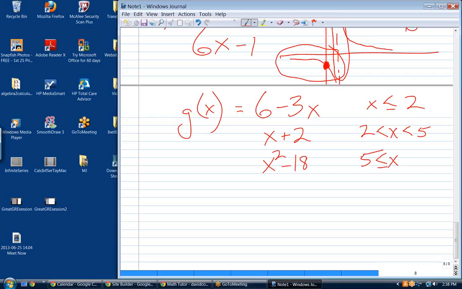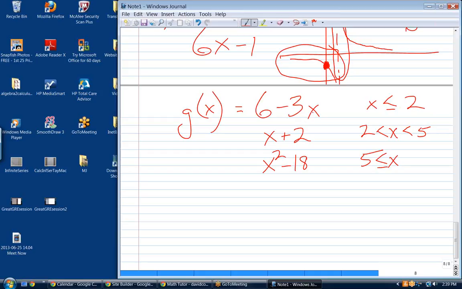I could graph each of these out just like I did the last one, but the important thing is, is there a discontinuity at our breakpoints? One breakpoint is the number 2, the other one is the number 5. There's clearly no discontinuity to the left of 2.